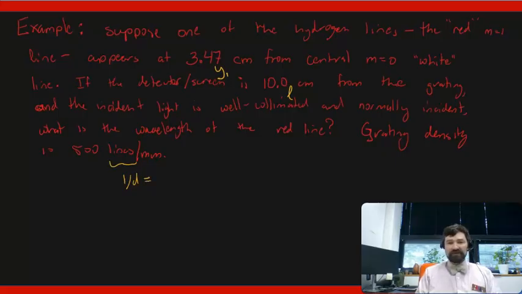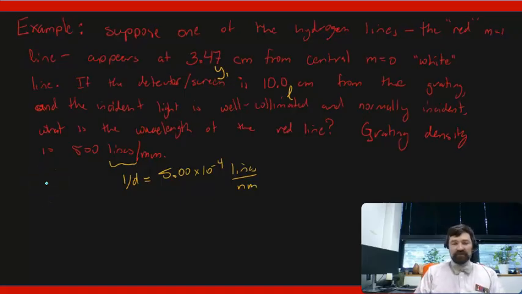These two are okay because they're both in centimeters, and we're going to end up dividing one by the other anyway. 1 over d in nanometers becomes about 5 times 10 to the negative 4 lines per nanometer.